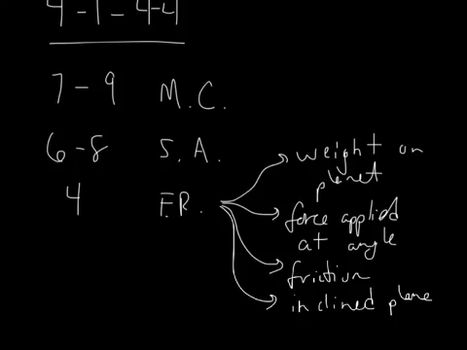For multiple choice, the type of questions you'll expect would be questions from mainly sections 4.1 and 4.2. You could also expect questions on mu values. So if I told you, here we go, hypothetical. If I told you that the mu s value between 2 surfaces is 0.85, and I gave you 4 multiple choice options, and I said, which of the following could be the kinetic coefficient of friction?